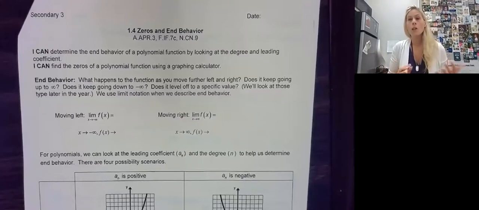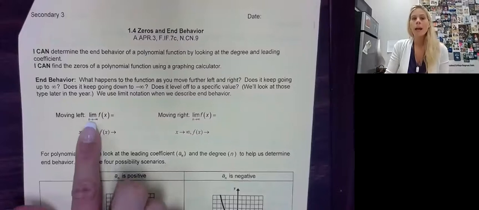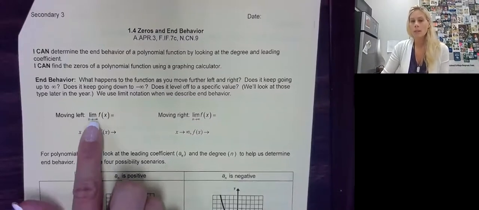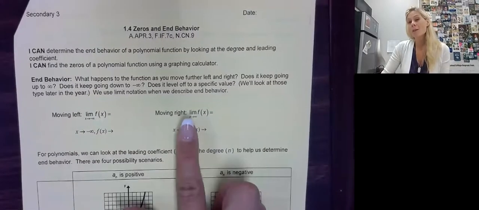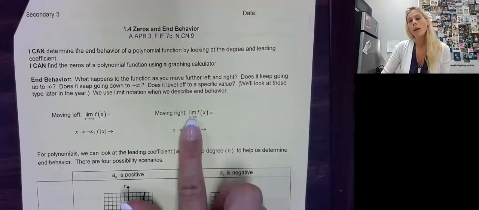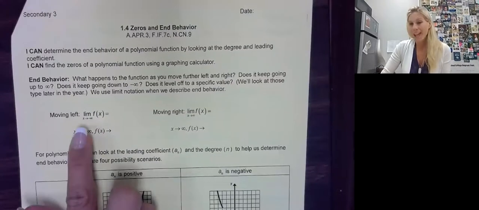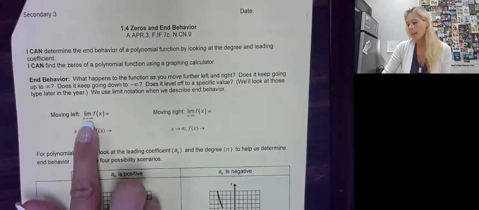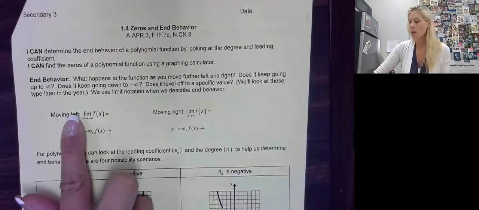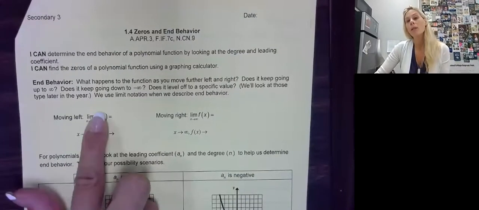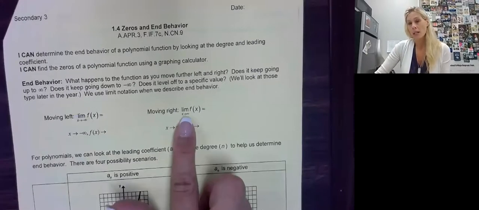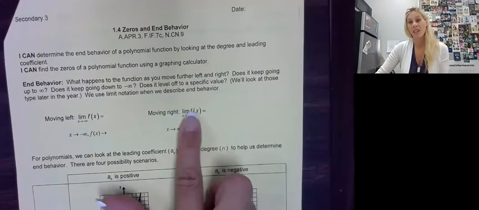So first of all, the way we mostly see end behavior is what we call limit notation. So LIM, limit, as x approaches negative infinity, or this one says limit as x approaches infinity. We can think of it as, if we want to find what's happening on the left side of the graph, this is the notation. If we're saying what's happening on the right side, this is the notation because x is going to infinity, right?